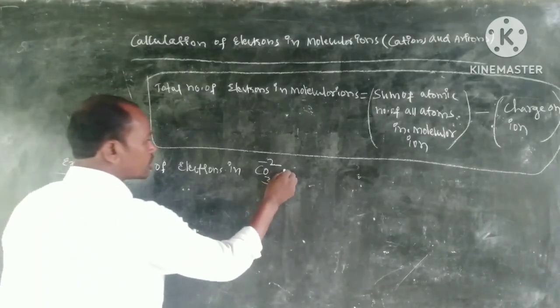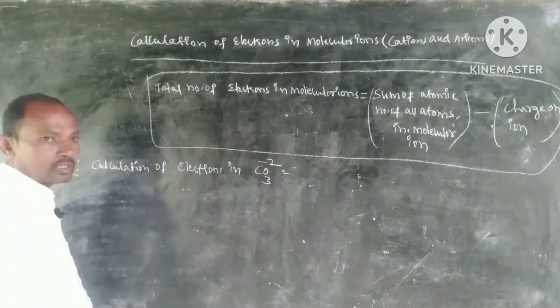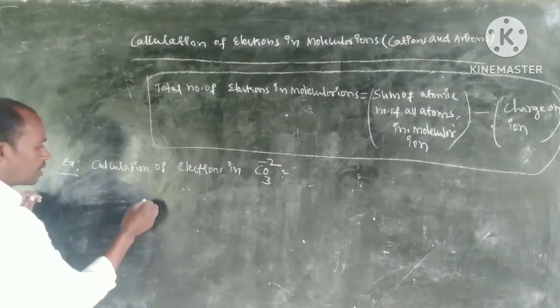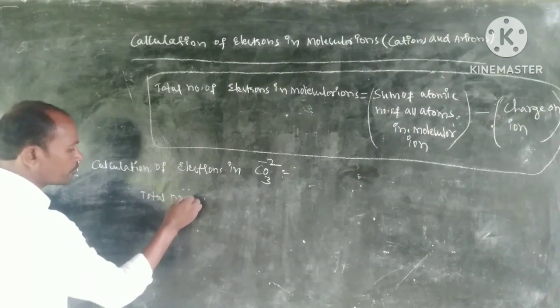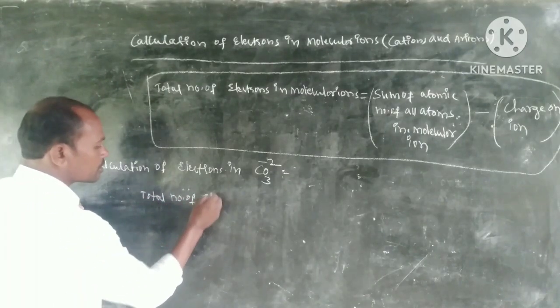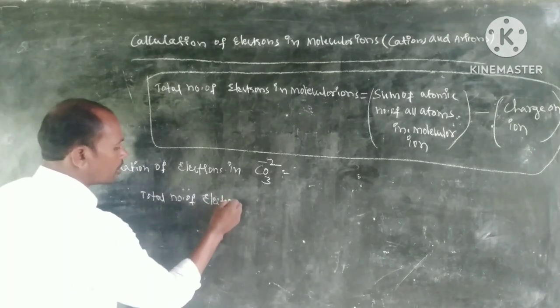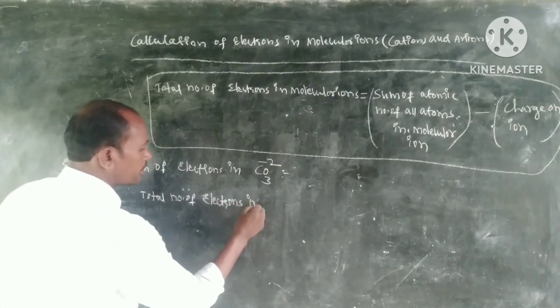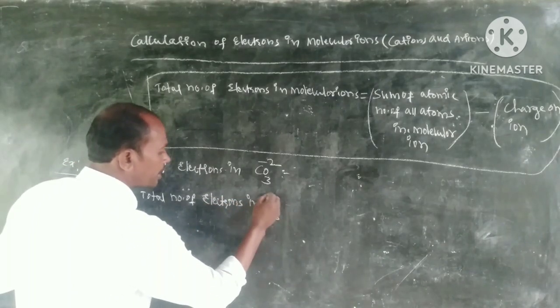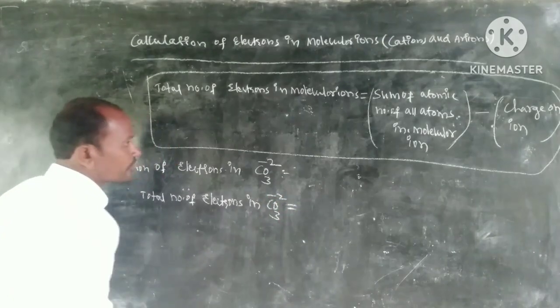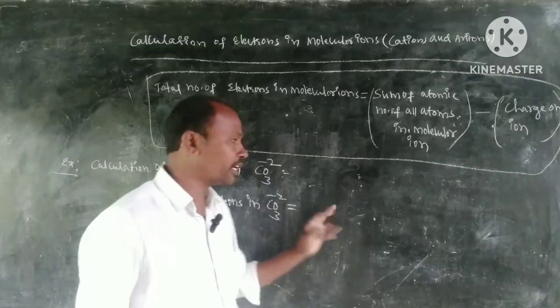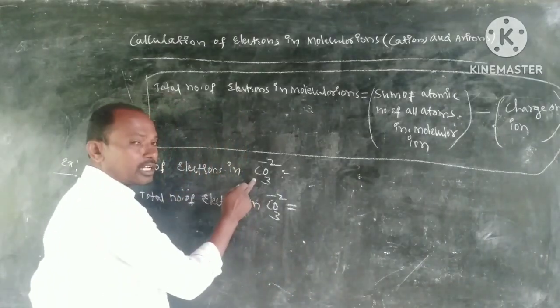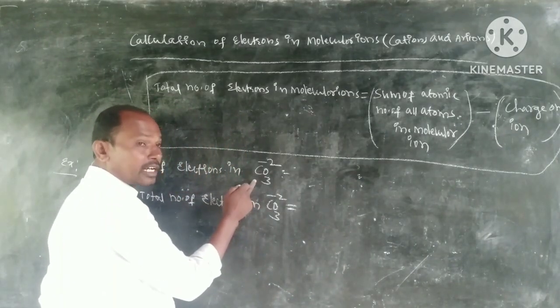The total number of electrons in CO3 minus 2 is equal to, by our principle, the sum of atomic numbers of all atoms in the ion.